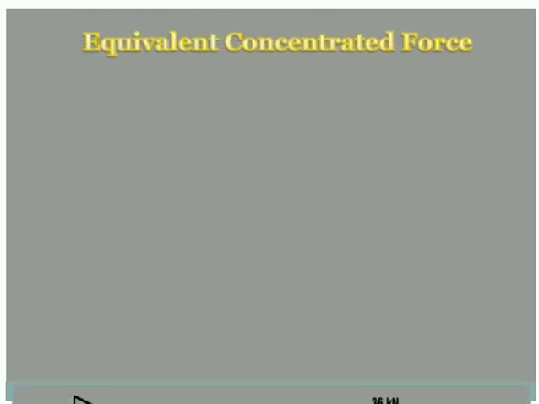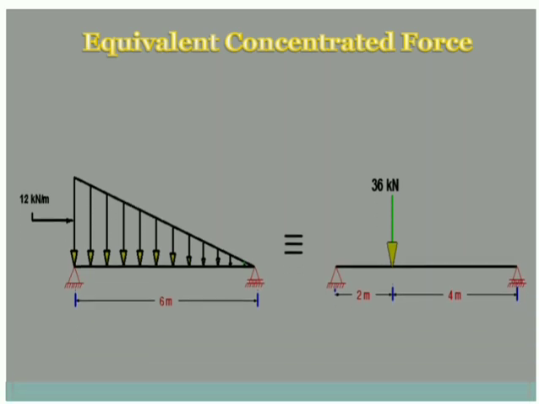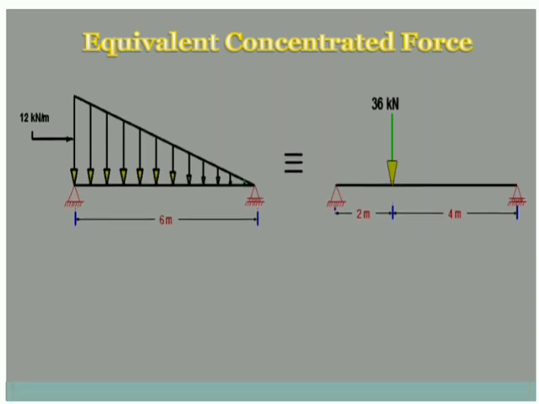Now this picture will make the concept more clear. We have a triangular UVL, 12 is the given intensity and 6 meters is the length. So its equivalent is how much? 36. And where will it act? At the CG of this triangle.